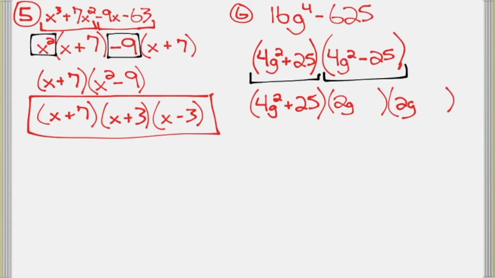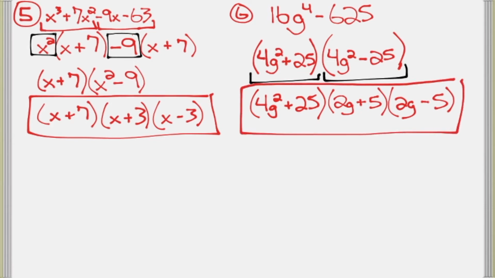And then what multiplies to get negative 25? Well, it has to be 5 times 5, and since it's negative, you have 1 positive and 1 negative. Okay? And that would be, again, your final answer at this point, because all we're trying to do right now is factor. So that would be guided practice number 6, factored.